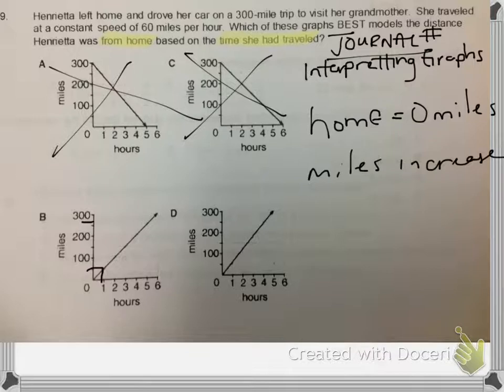Well, so not 1 mile, 50 miles equals 1 hour. Well, how fast are you going there? 50 miles per hour. That's where you get that 50 miles per hour, because that's a rate. So you can go 50 miles in 1 hour, so that's 50 miles per hour.